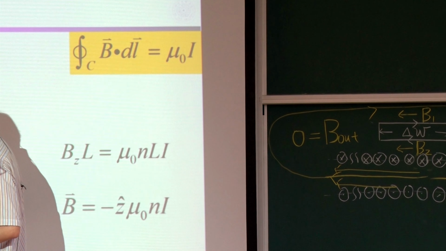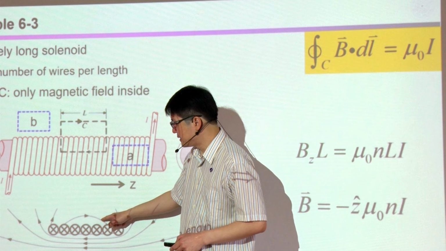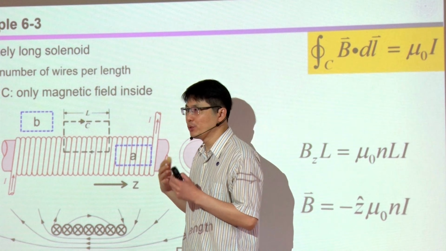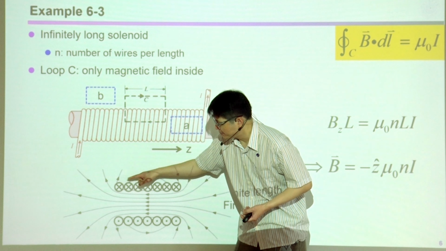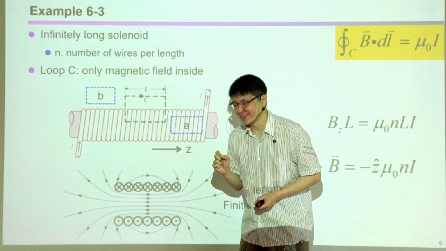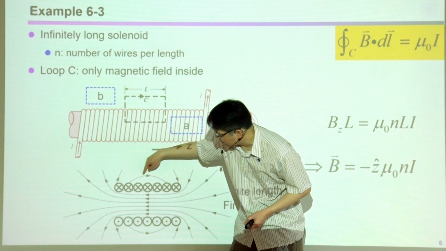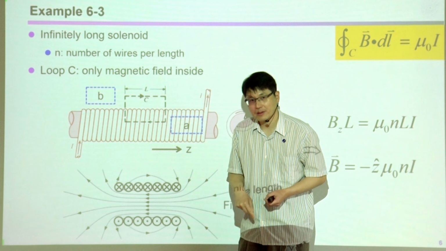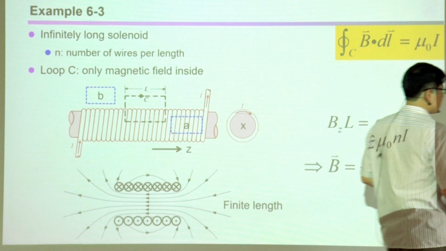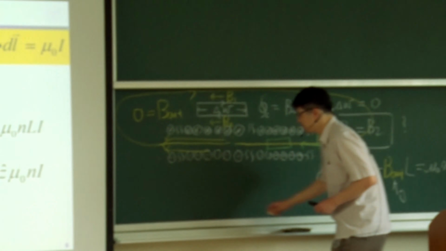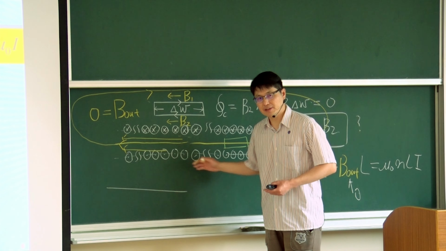Oh, by the way, this picture is extremely profound in a way that if you think of this problem as a boundary value problem, the B field lines close upon themselves. But if you view this as a boundary, what do I mean by the boundary? Two different materials forming an interface.